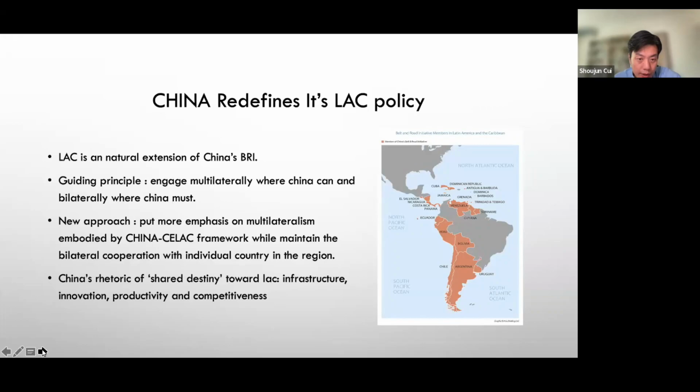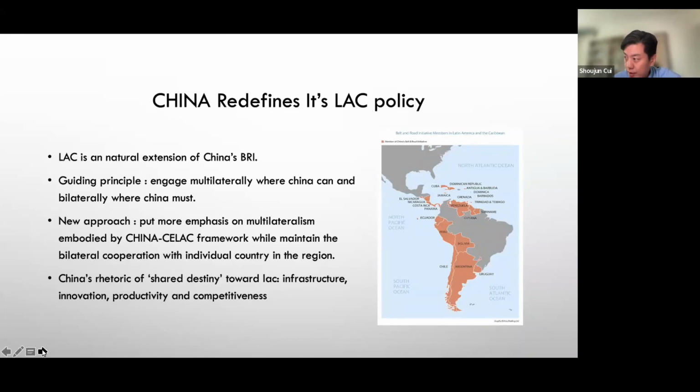The new approach puts more emphasis on the multilateralism embodied in the China-CELAC framework, while maintaining bilateral cooperation with the individual countries in the region. I heard from some government friends that there's a possibility to upgrade the China-CELAC Forum from a ministerial meeting to a head of state meeting.